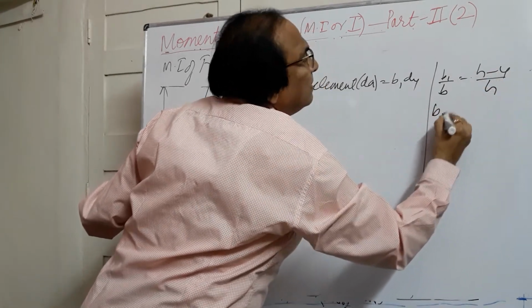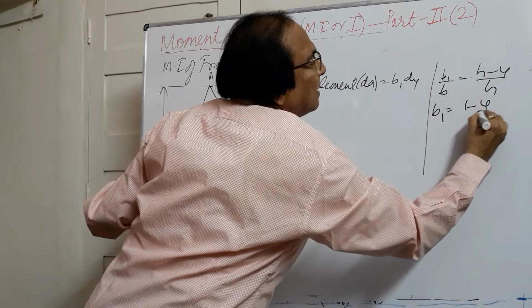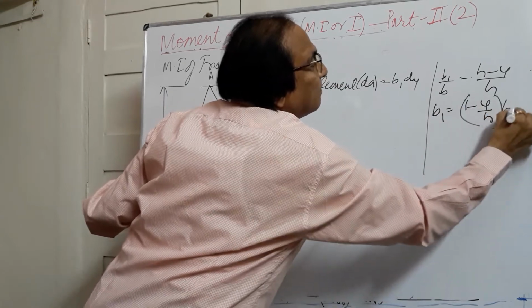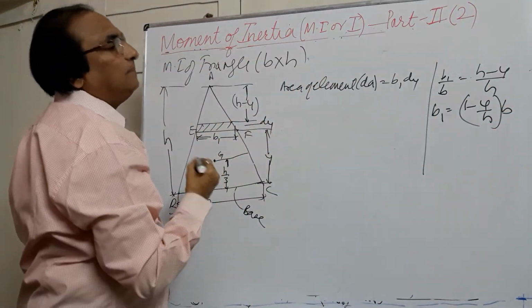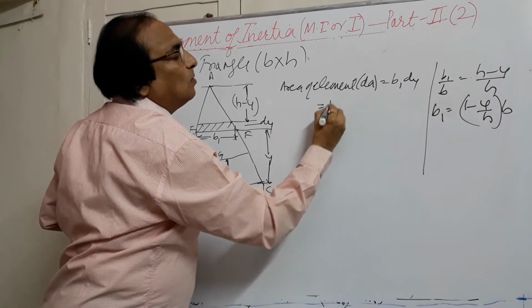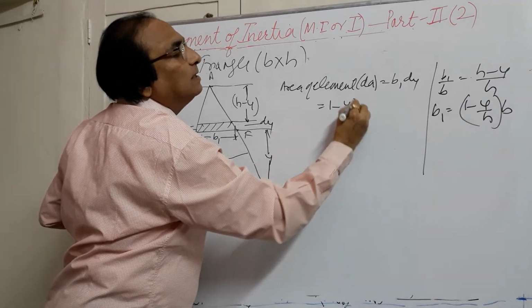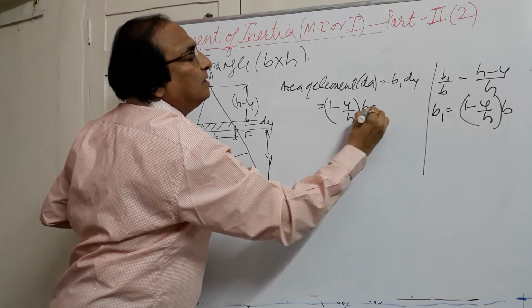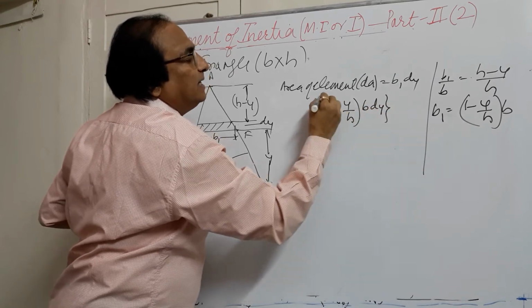So b1 will be equal to 1 minus y by h into b. Same lines as CG. So I can write dA as 1 minus y by h into b into dy. This is the area of the element.